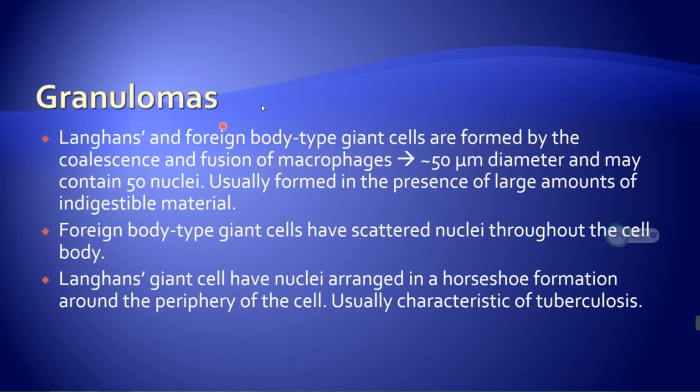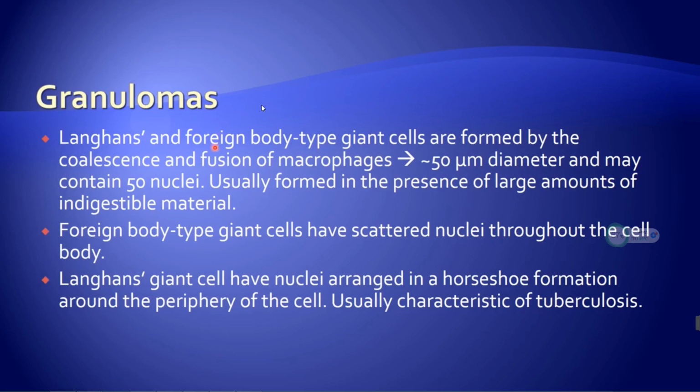You can have up to 50 plus macrophages fusing together. In the case of tuberculosis, they form a very specific type of giant cell, one that we call Langhans cells, and it gives a very characteristic pattern. We'll show you that in a minute.